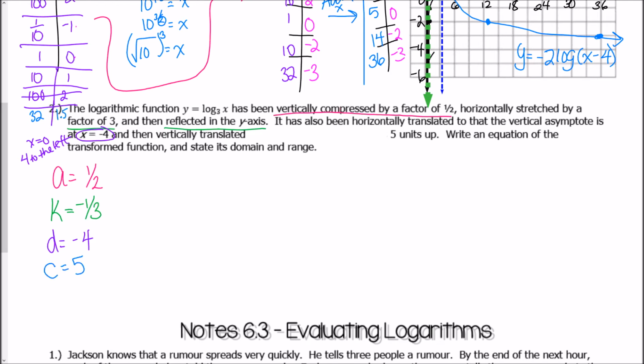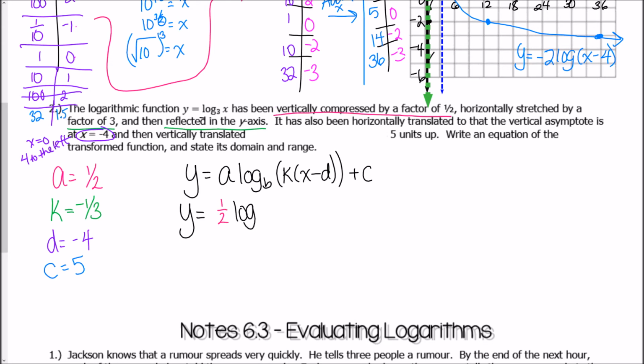Now we need to write an equation for the transformed function. Well, if we know that the general equation is y equals a log base b of k times x minus d plus c, here we can say y equals 1/2 times log, and our parent function is log base 3, so we have to put the 3 there, times our k value here, which is -1/3, times x minus d.